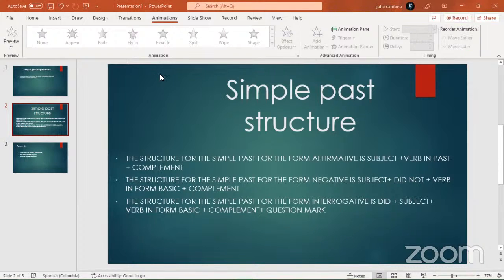The negative form is subject plus did not or didn't, plus verb in basic form plus complement. The interrogative form is did plus subject plus verb in basic form plus complement plus question mark, or for WH questions, WH plus did plus subject plus verb in basic form plus complement plus question mark.